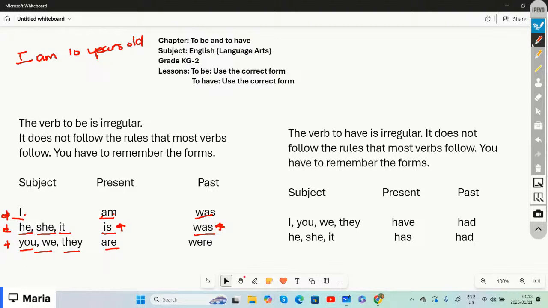Is is in the present tense; was is in the past tense for one person. But if we're referring to more than one person doing something, which is you or we or they, then it's are in the present tense, but in the past tense, were. You see, were is in the past tense.